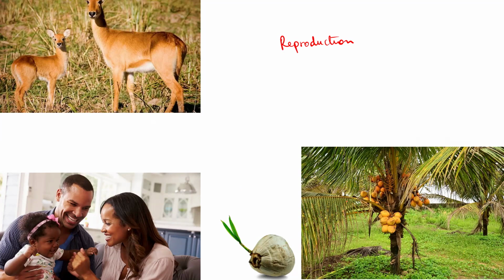A coconut tree could only produce a seed that will give us another coconut. It will not give us a pumpkin, or a tomato, or a chestnut tree, or anything like that, right?